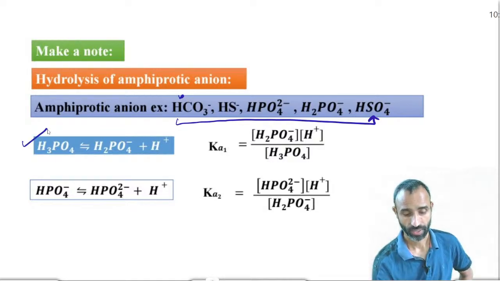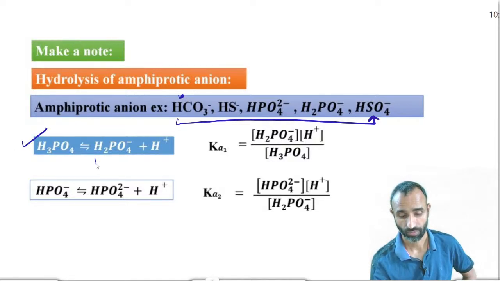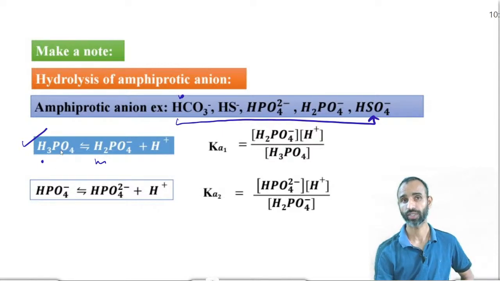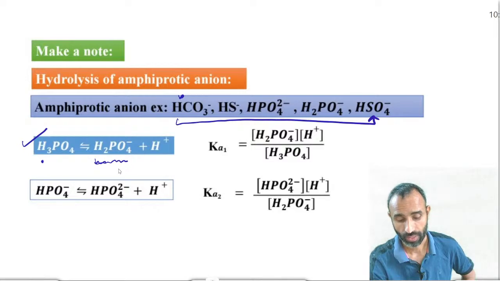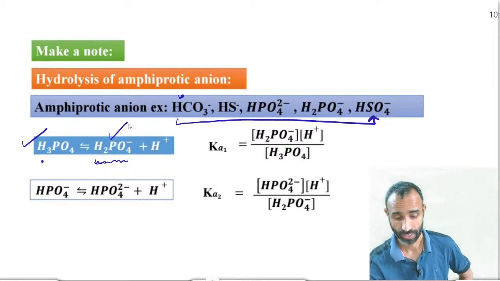So see, H3PO4 can only donate H plus. So H3PO4 is an acid, but H2PO4 negative is an amphiprotic anion. It can accept H plus, it can donate H plus.